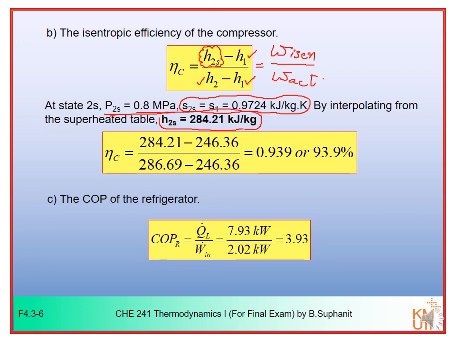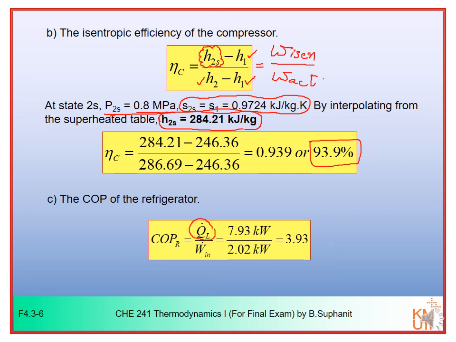So you get H2S at 284.21 kilojoule per kilogram. Now you can substitute H2S back into the isentropic efficiency equation, so you get the isentropic efficiency at 93.9%. And lastly, the COP of the refrigerator can be calculated from just what we get divided by what we give.